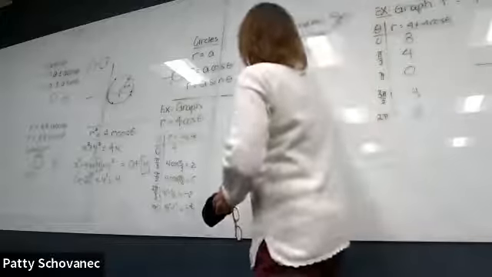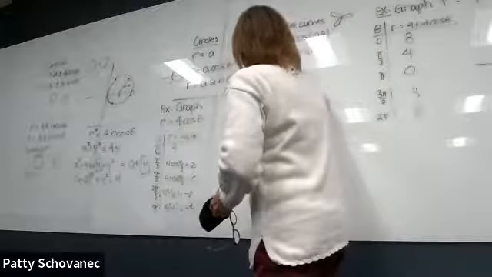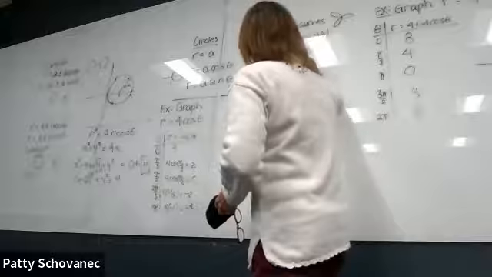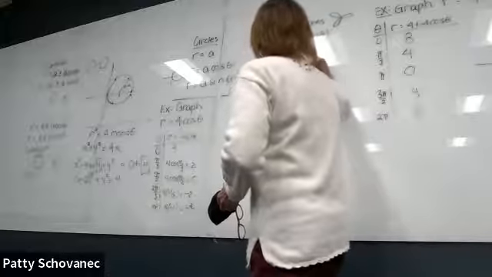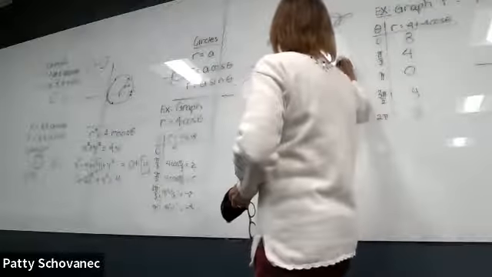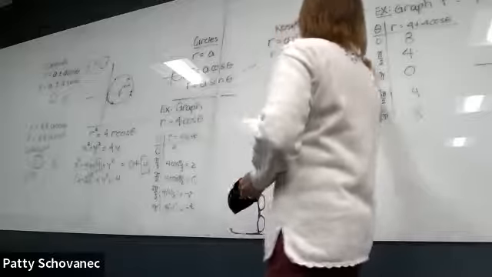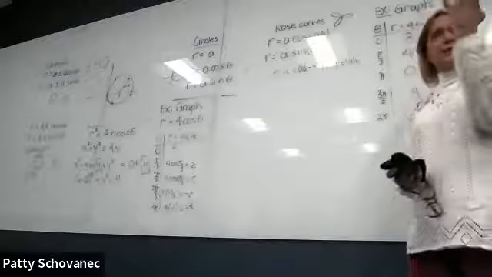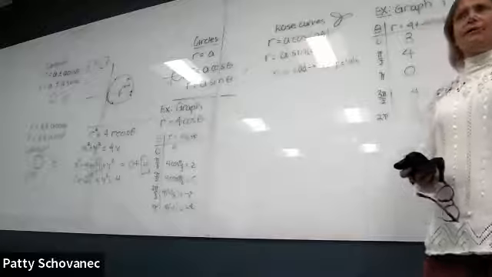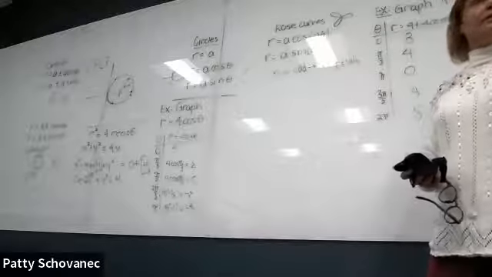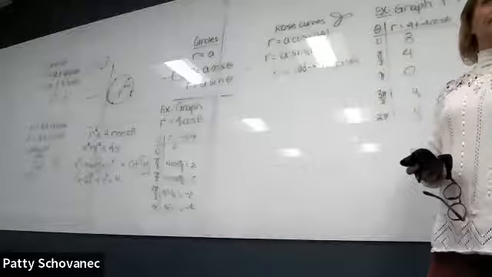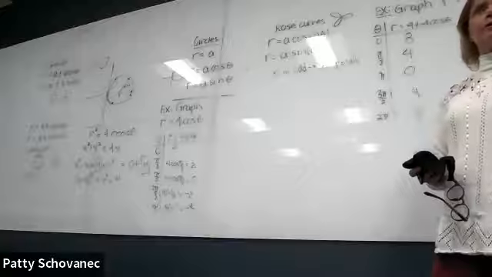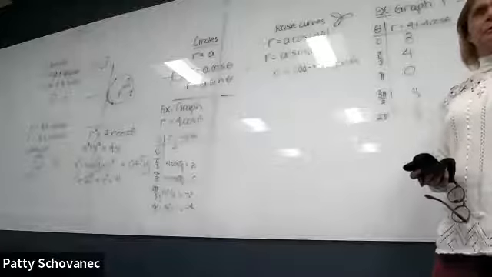So if n is odd, you're going to have n of these little petals, and they're going to be equally spaced. For example, if n is 3, and I take 360 degrees and divide it by 3, then each of the tips of those petals are going to be 120 degrees apart.